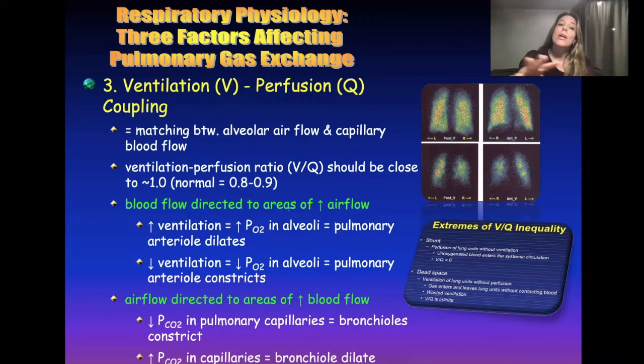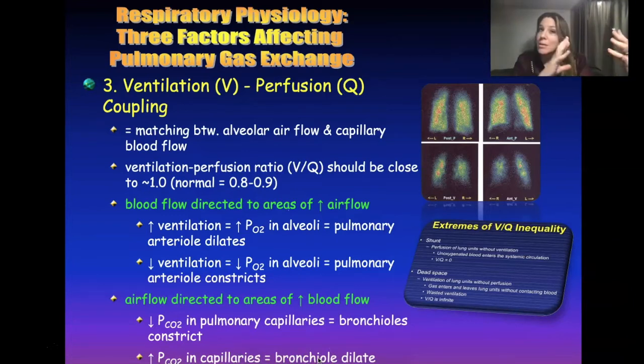Okay, so let's look in reverse here, and that is that airflow is directed to the areas with the greatest blood flow. So in other words, let's say that your pulmonary capillaries were bringing in carbon dioxide, a lot of it, and so it had high pressure of carbon dioxide in the capillaries. This is going to cause the bronchioles in the lungs to dilate.